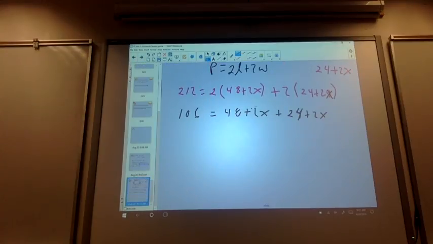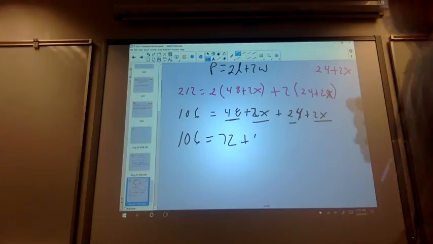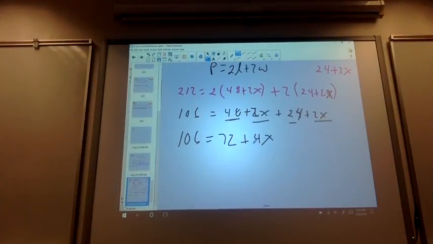Are we all good so far? All right. So if I add 48 and 24 together, what do I get? 72. And if I add 2x and 2x together, I get 4x. If I subtract 72 from 106, I get 34.